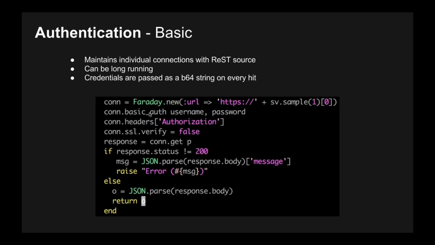So essentially what I do is I specify the basic auth variables, which consist of username and password, plain and simple. I then specify the header as authorization. Now, in my lab, I don't have actual SSL certs on my endpoint, so I turn off the verification so that I can access that.